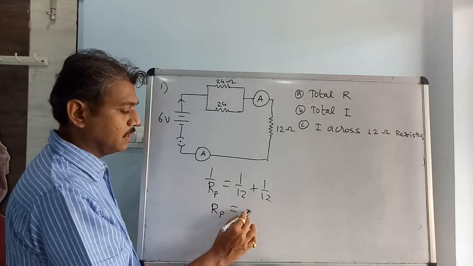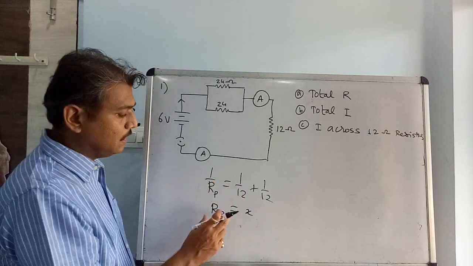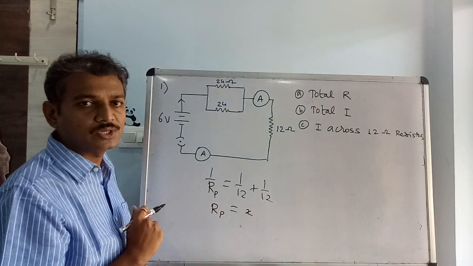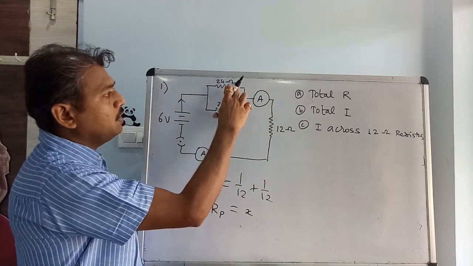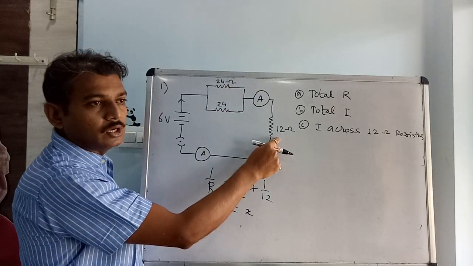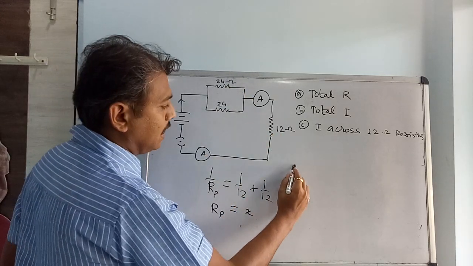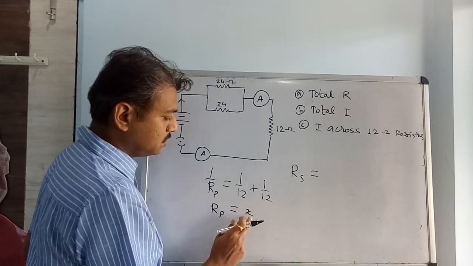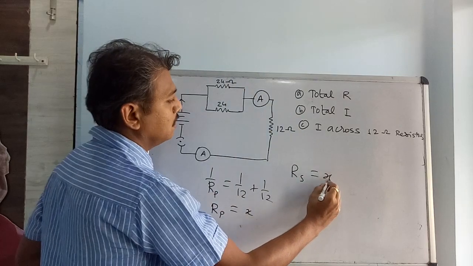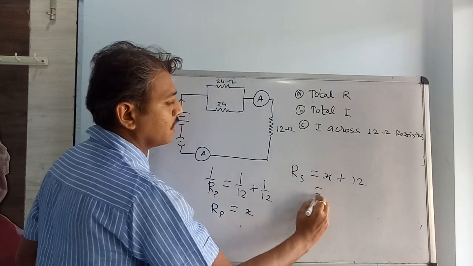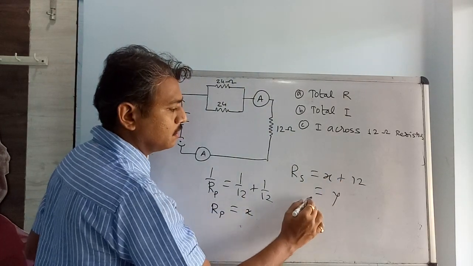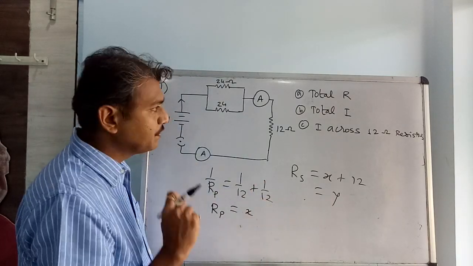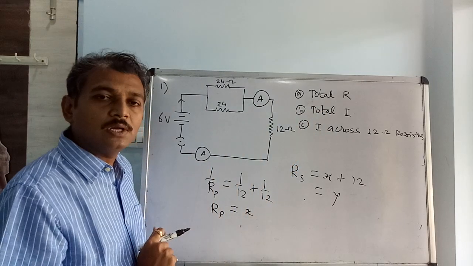Say Rp is equal to X. Then this X will be in series with this, so you will get Rs, the circuit in series, equal to this X plus this. In this way you will get the total resistance of this circuit. Got it?